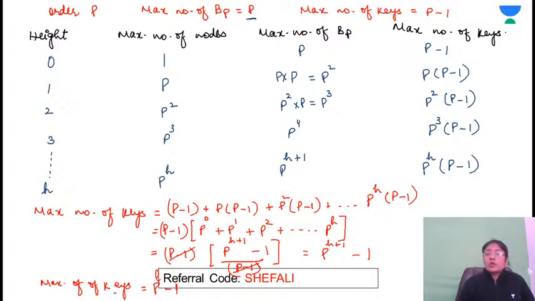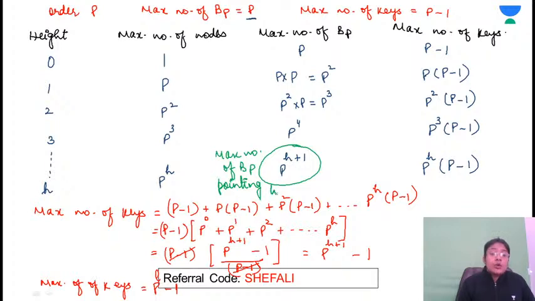All the block pointers of the leaf nodes will point to null. Leaf nodes means at height h. So the maximum number of block pointers pointing to null is p raised to power h plus 1, because we know that if it is a leaf node, there is no child, so all the block pointers will be pointing to null.